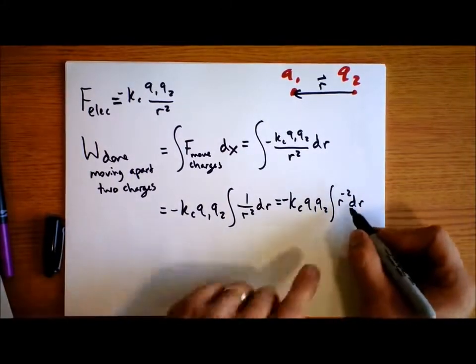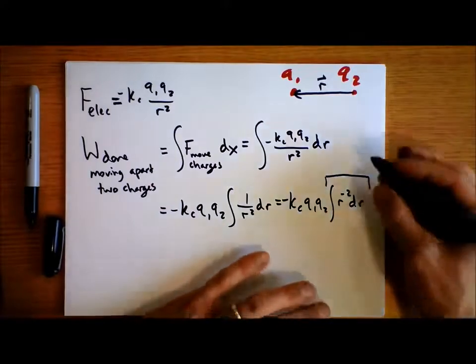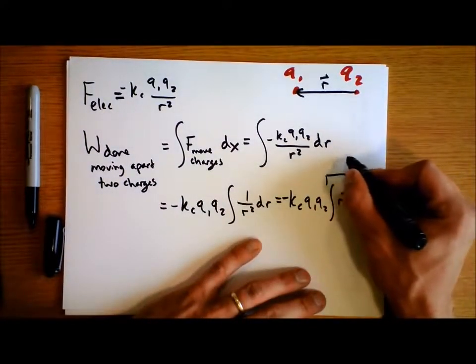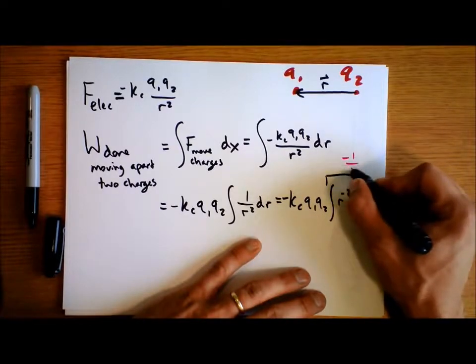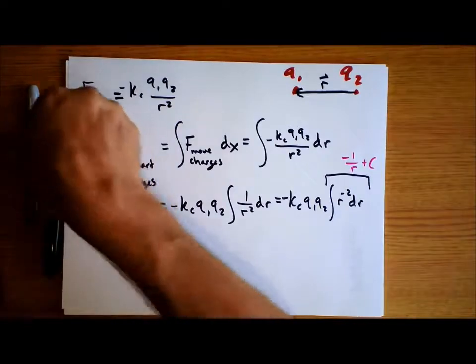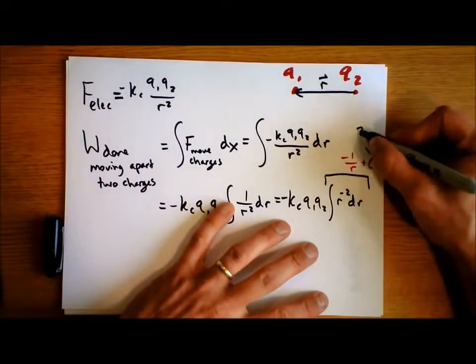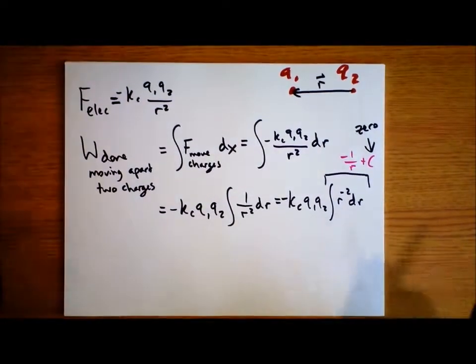So just as we had before, this integral is not a complicated integral at all. It's simply going to be negative 1 over r plus a constant, but I want that constant to be 0 again. Why there's 0 is a little bit of a subtler thing, and we can talk about that later.